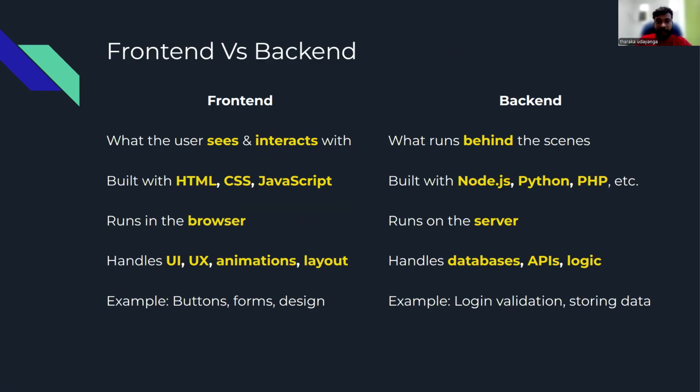So this is the difference between backend and front end. Front end is responsible for user interaction and the layout. It is built with HTML, CSS, and JavaScript, and it runs in the browser, handles the UI, UX, animations, and everything. These are the examples like forms, buttons, those things. And when it comes to backend, it's responsible for the things happening behind the scenes.